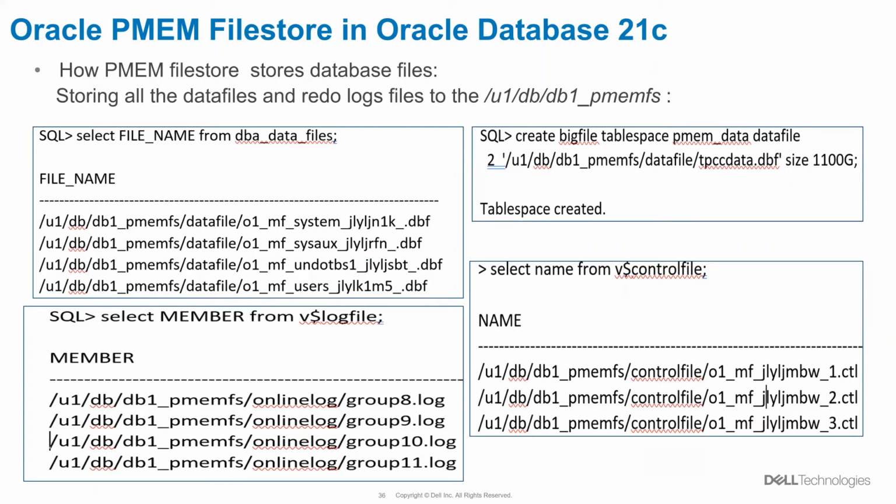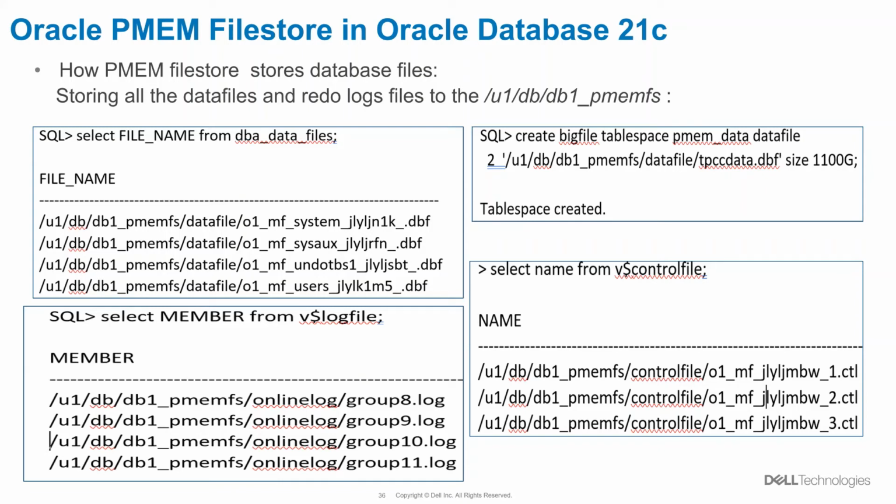But remember that people may have a question: what happened to ASM? In this case, if you want to use PMem, you completely bypass ASM. You're not going to use ASM at all. This is only on a file system, and you build a regular OS file system on top of PMem, without worrying about ASM. That's one of the reasons that we cannot use RAC, because if you use RAC, ASM has to play a role.